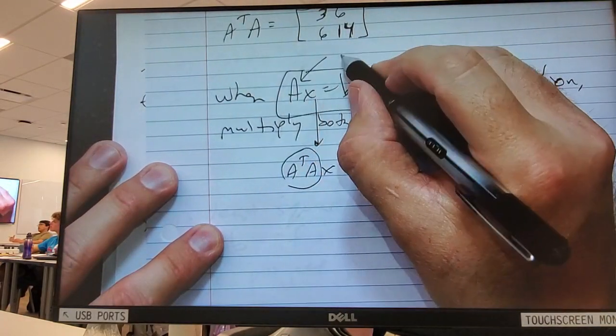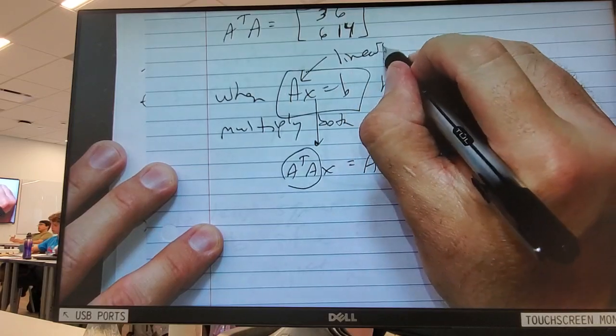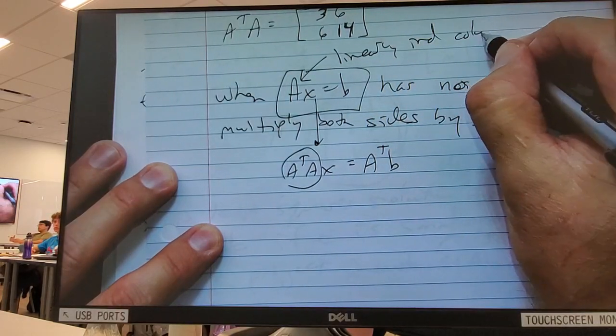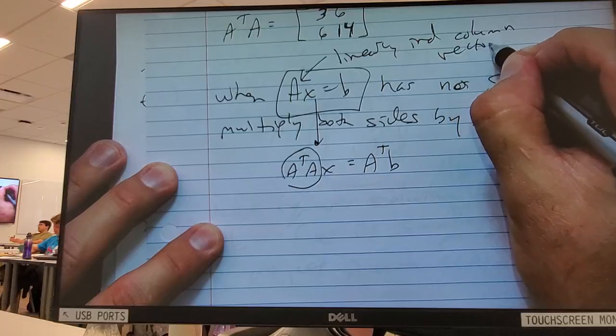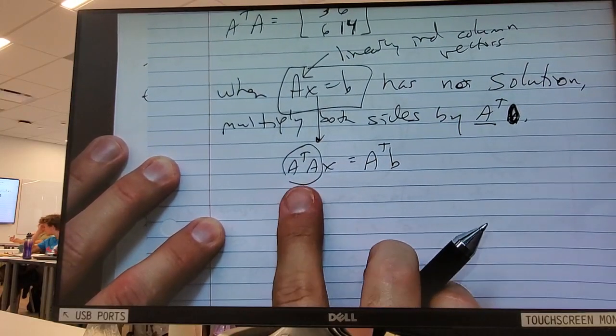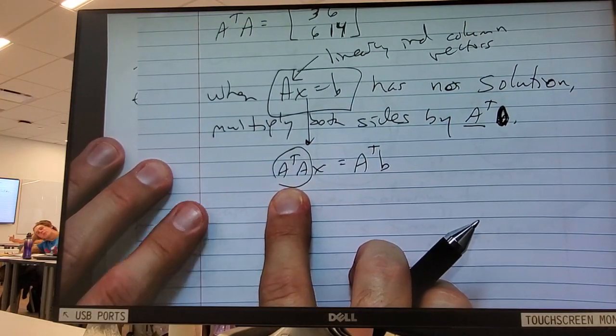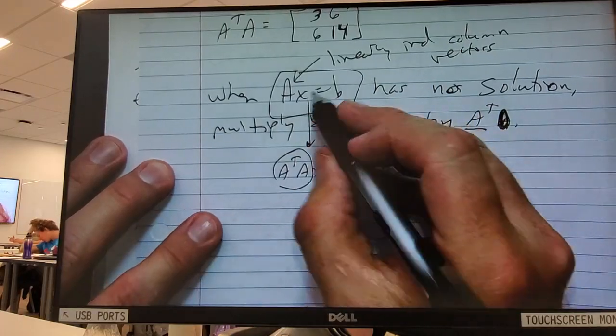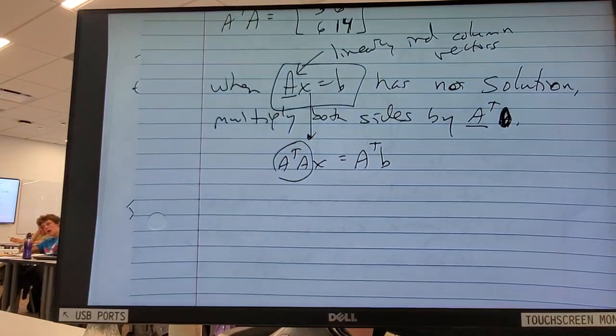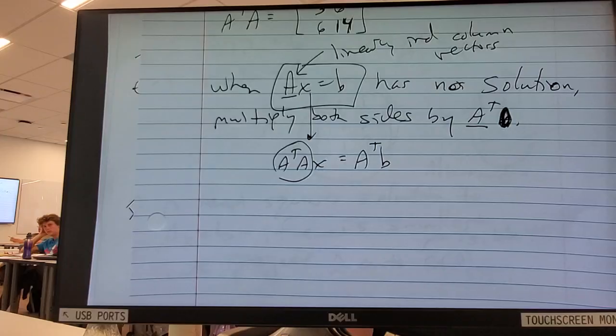A transpose A would have to be invertible if A had linearly independent column vectors. As long as A itself has linearly independent column vectors, and since that did not have a solution, there's a lot coming at you. If A had linearly independent column vectors and AX equals B has no solution, what had to be true about A by itself?